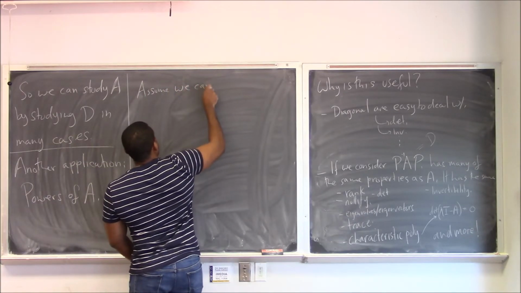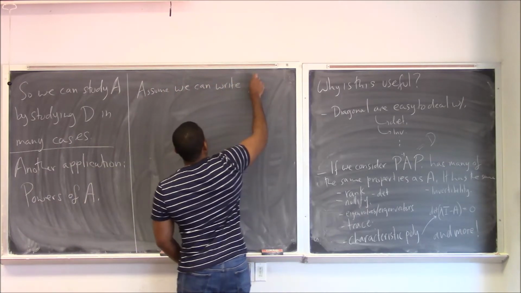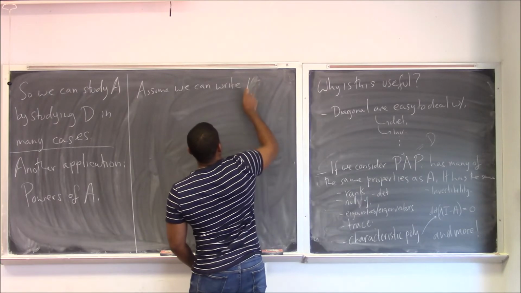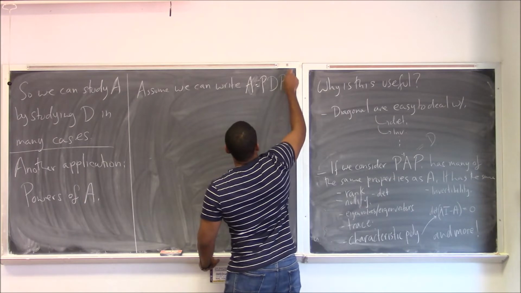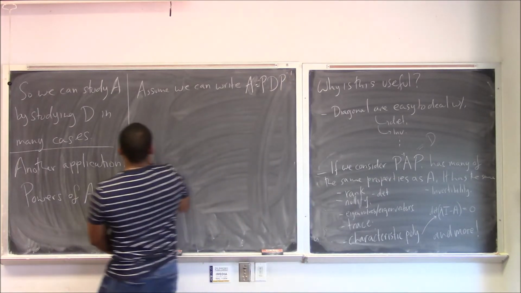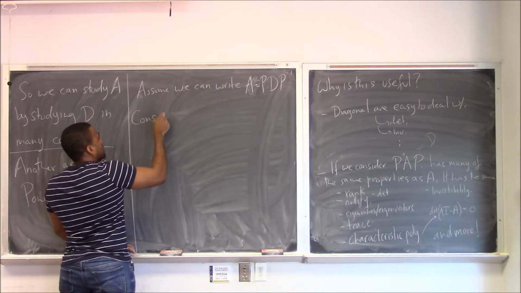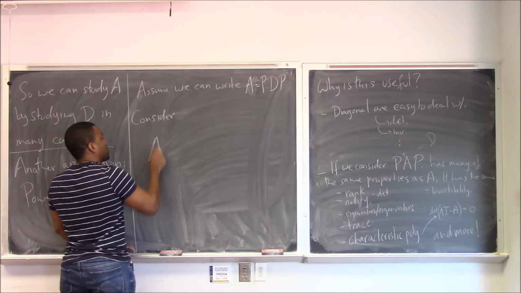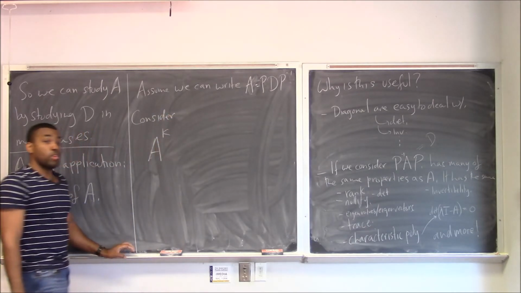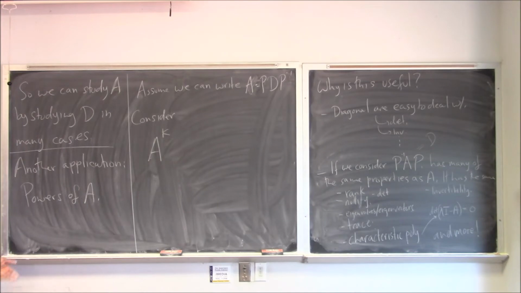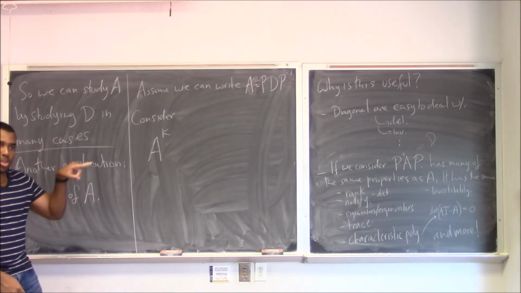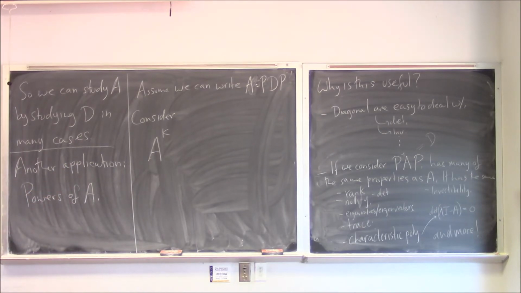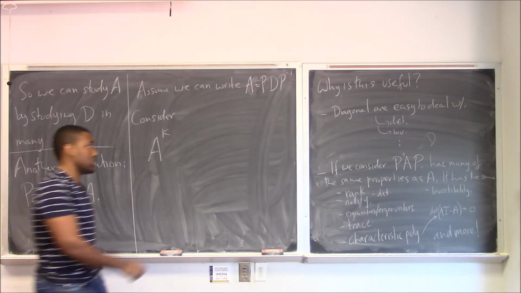Assume we can write A as a matrix times a diagonal times an invertible matrix. Let's say for some reason I want to multiply A by itself a whole bunch of times, which as we know can be very annoying. Right? Because it doesn't mean you just raise the power of each element, right? That's not true in general. It's true for diagonal matrices though. Maybe we can use that to our advantage.